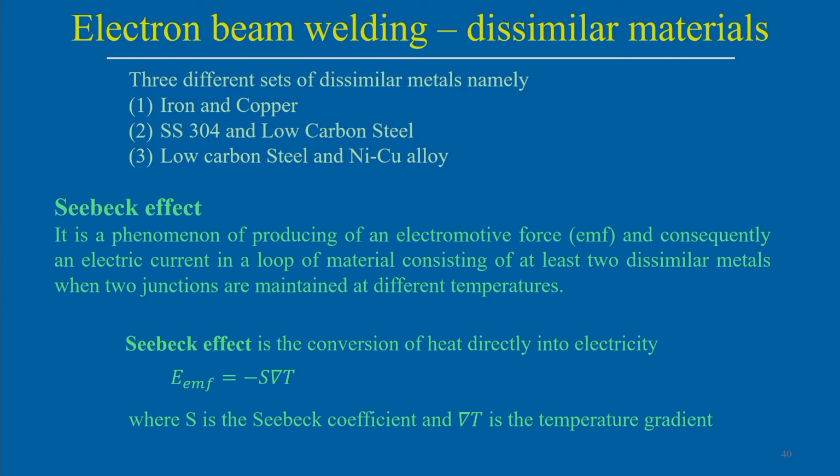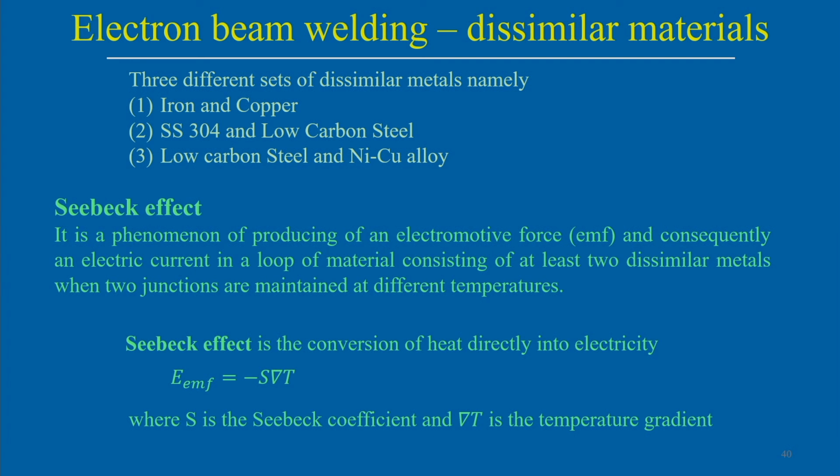Now, it was observed in three different sets of dissimilar materials. For example, if we want to join iron and copper using the electron beam welding process, or in one case stainless steel SS304 and low carbon steel, and the third one is low carbon steel and nickel copper alloy.